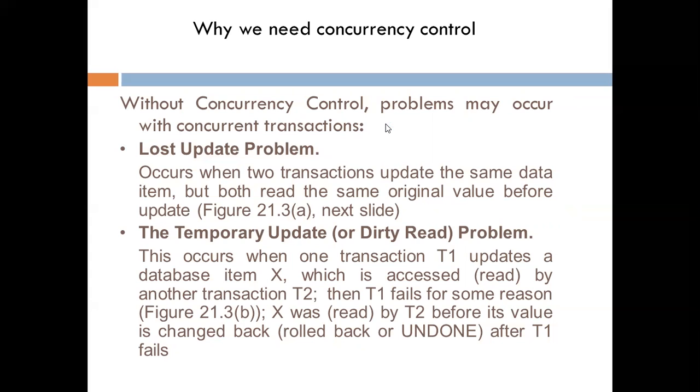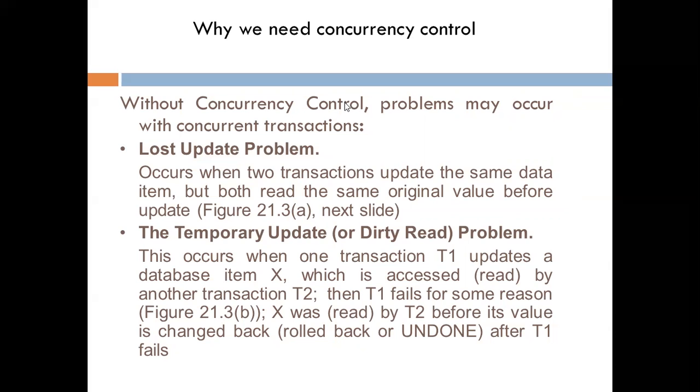Another one is the temporary update problem, also called the dirty read problem. This occurs when one transaction T1 updates the database item X, which is accessed by another transaction T2.